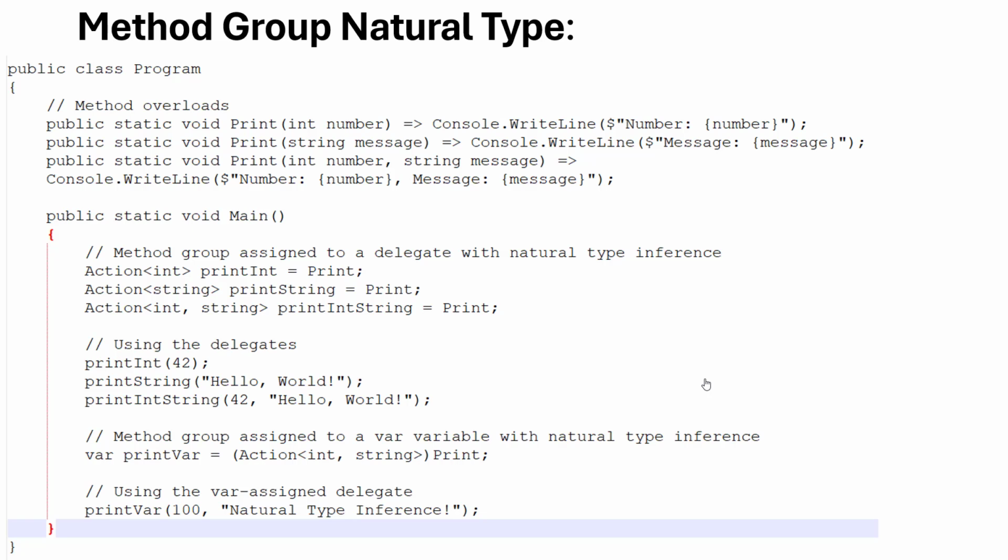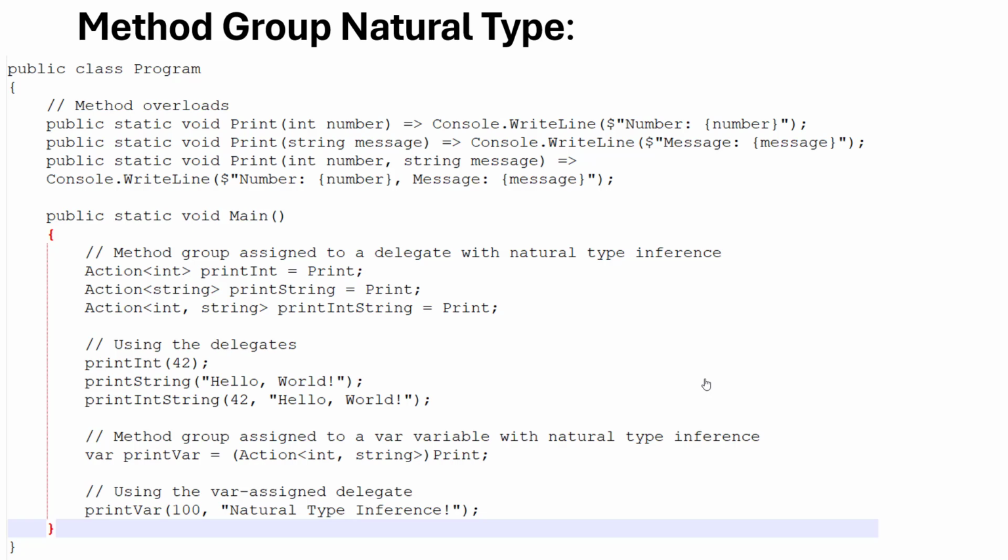overloads are called. Using var also, in the second to last line, the method group is assigned to a var variable with an explicit cast to Action of type integer and string. This demonstrates the compiler's ability to infer the natural type of the method group. And what about the benefit of this method group natural type?